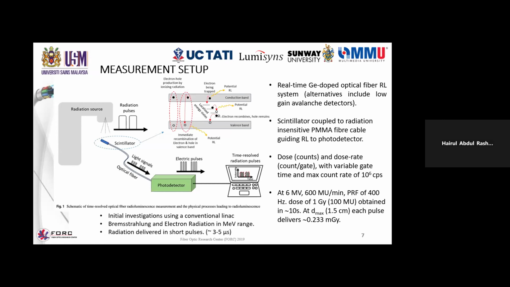For example, we have 6 MV, 600 MU per minute, a PRF of 400 Hertz, a dose of 1 gray obtained in 10 seconds at Dmax of 1.5 centimeters, where each pulse delivers 0.233 milligray. So this should give you an idea of the optical fiber radiation dosimetry system being used vis-a-vis a radiotherapy linac.